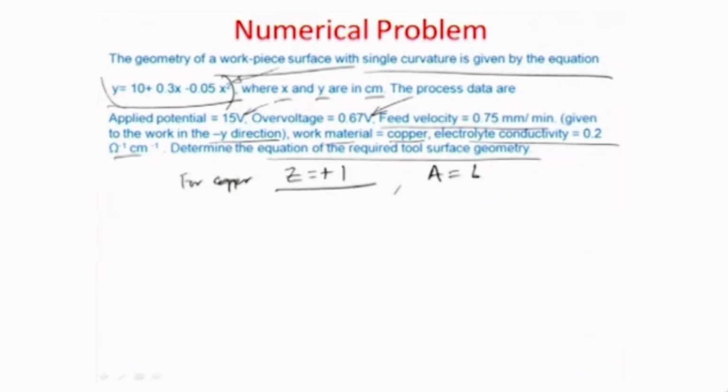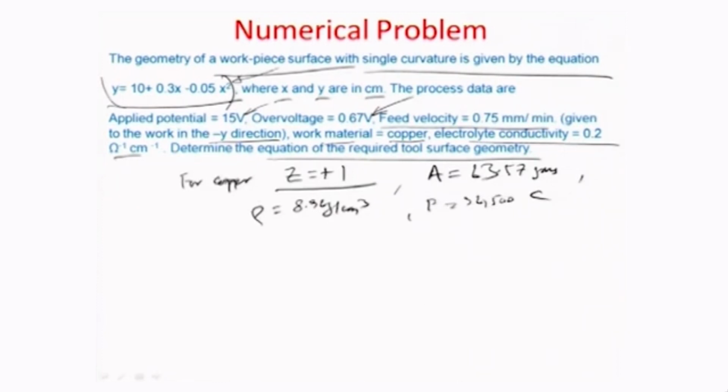The atomic weight of copper, the work material, is 63.57 grams, and the density rho is 8.96 grams per cubic centimeter, and the value of F is 96,500 coulombs.